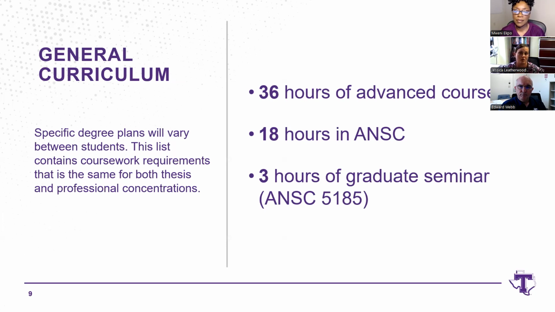So all of your courses will have an ANSC prefix, and you have to take 3 hours of graduate seminar, okay? That is a really good way to connect with all of your peers, whether you are in the seminar for our thesis students or for our professional track students.